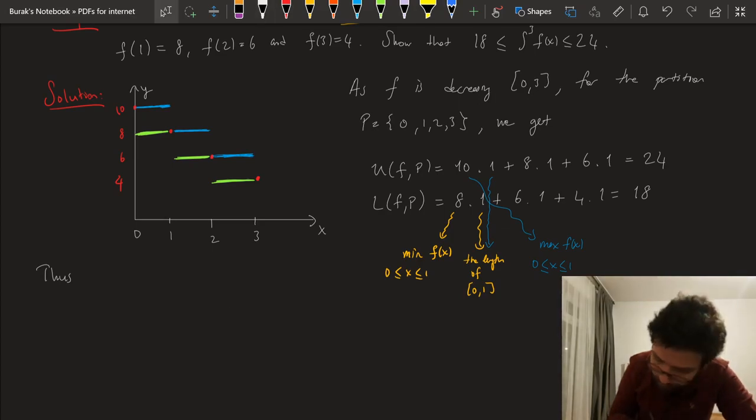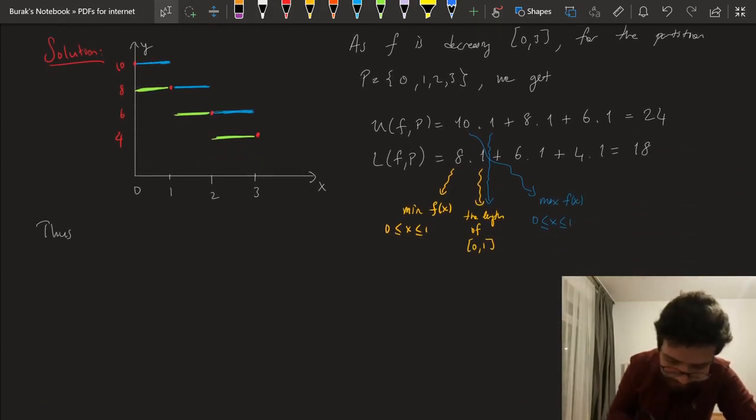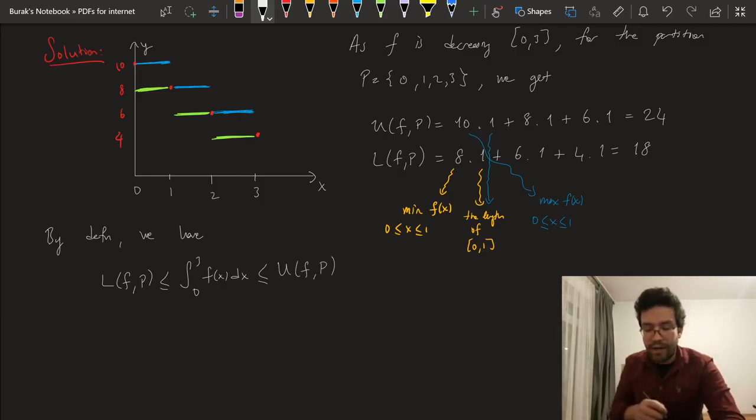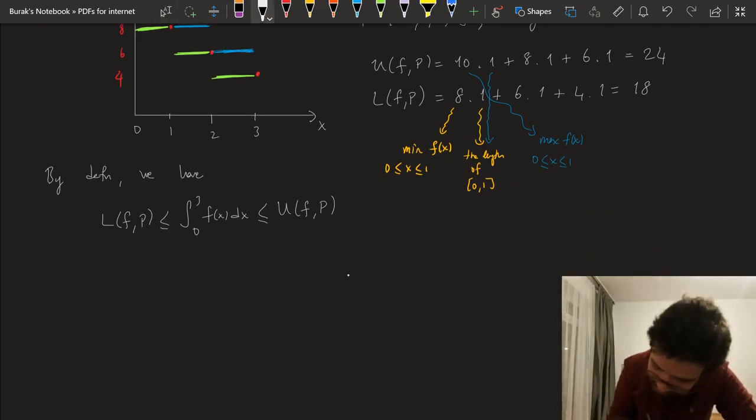So, by definition of the integral, we have that the lower Riemann sum of f with respect to this partition is less than or equal to the integral, and that's less than or equal to the upper Riemann sum of f with respect to this partition.